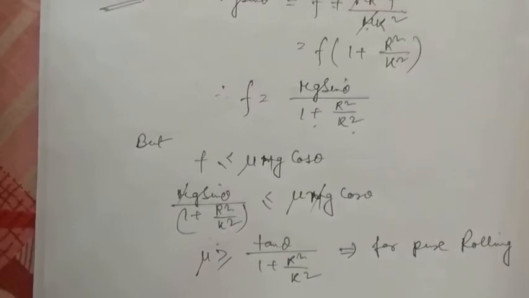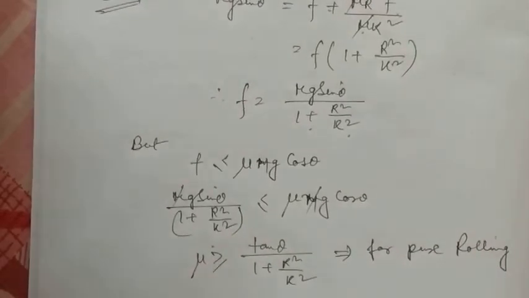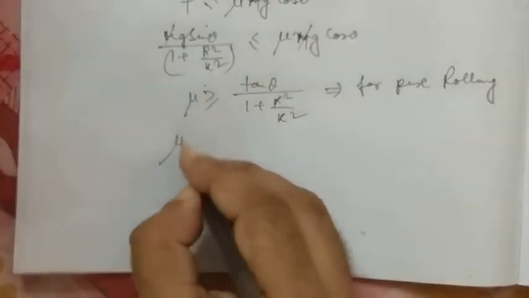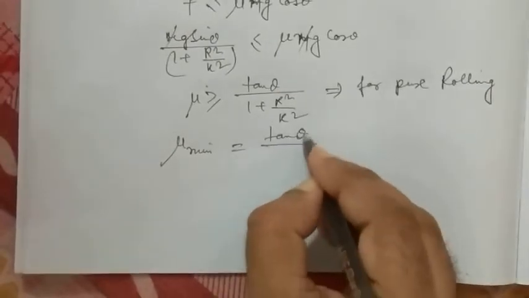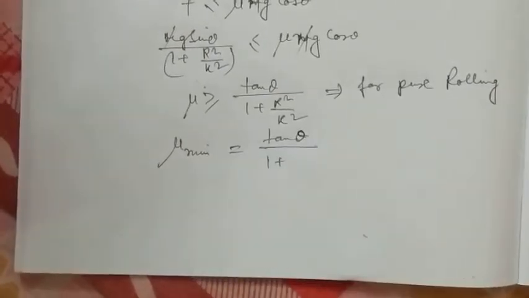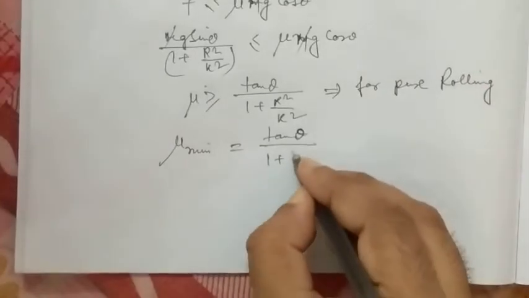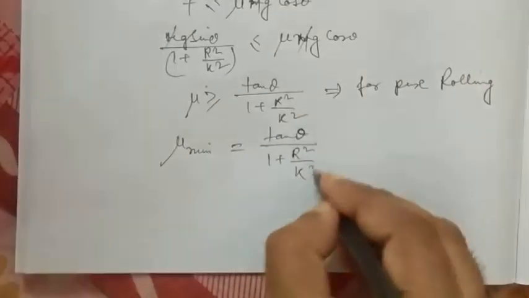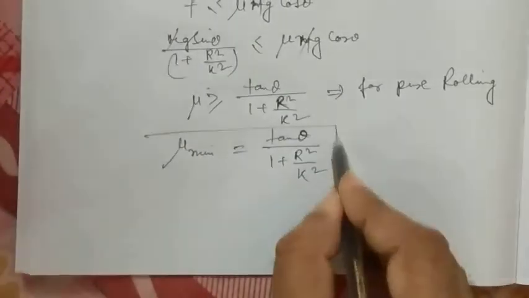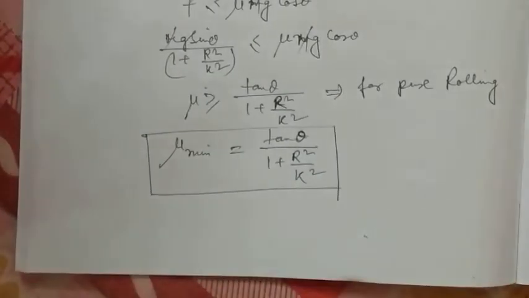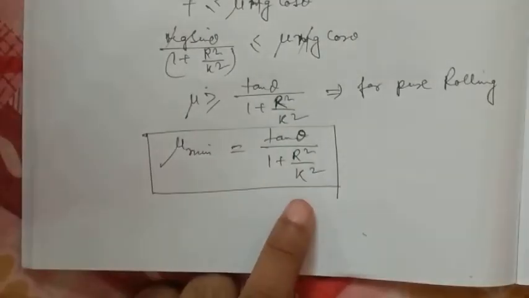So from this equation we can write the minimum value of mu as tan theta by 1 plus R square by k square. So the minimum value of the coefficient of friction is tan theta by 1 plus R square by k square.